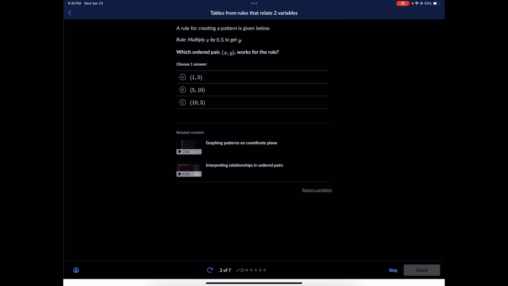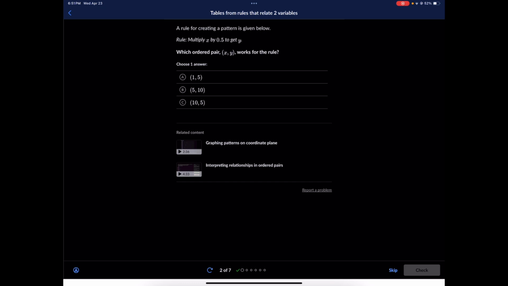Okay. A rule for creating the pattern is given below. The rule is to multiply x by 0.5 to get y. Which ordered pair x, y works for the rule? So, we are given that x is multiplied by 0.5, and that gives us y.